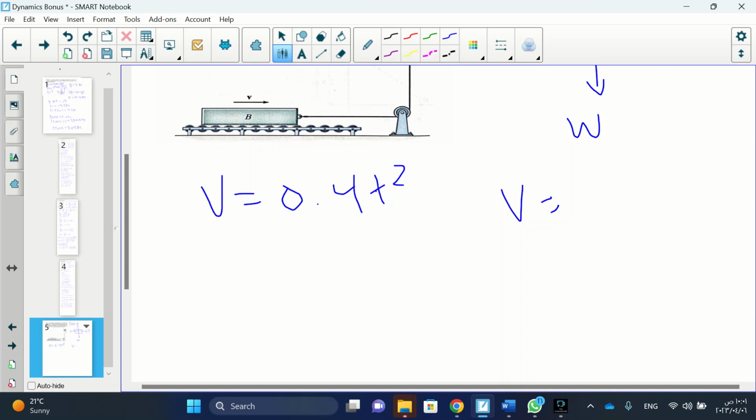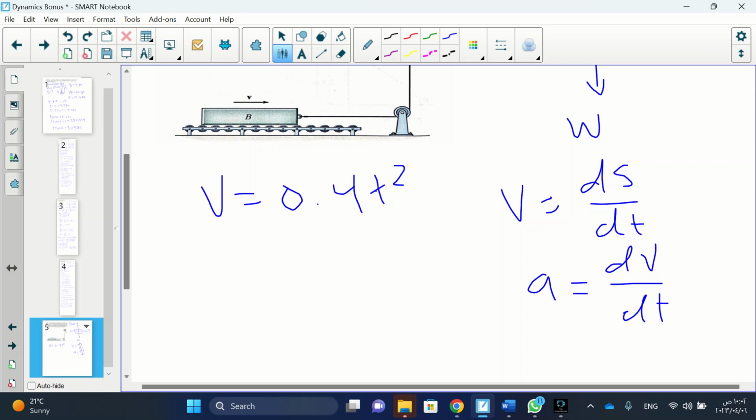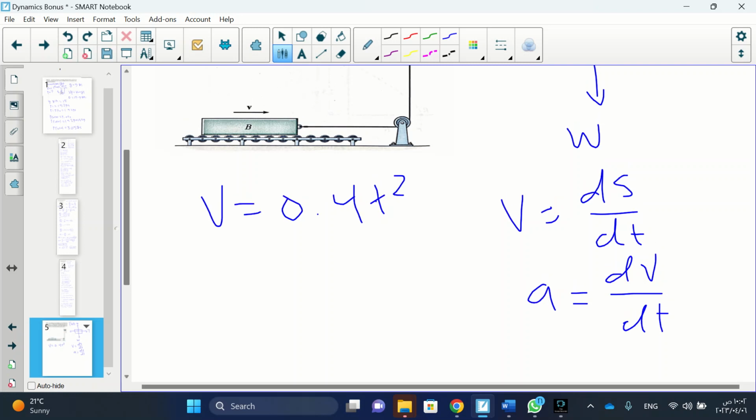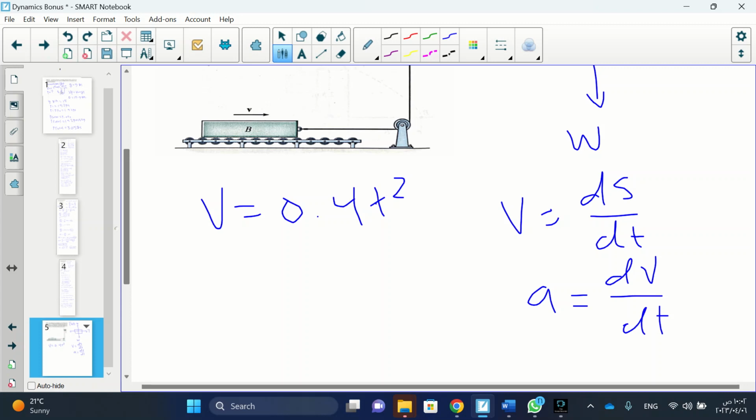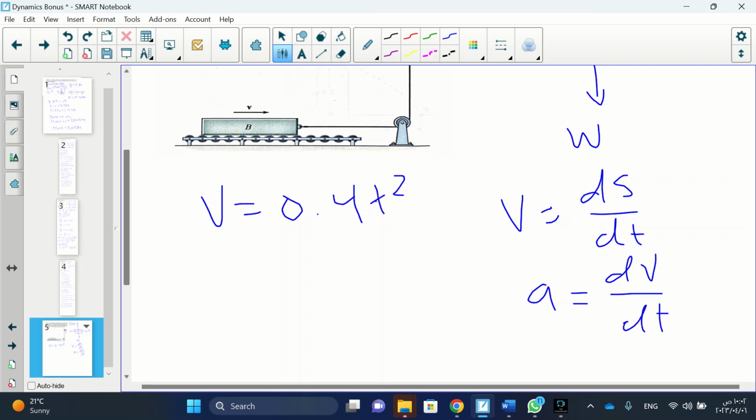V is equal to ds over dt, and A is equal to dV over dt. Whenever you get an equation with a number and a letter, like V equals 0.4t or 0.4s, and you need to find t or s, you should use these equations.